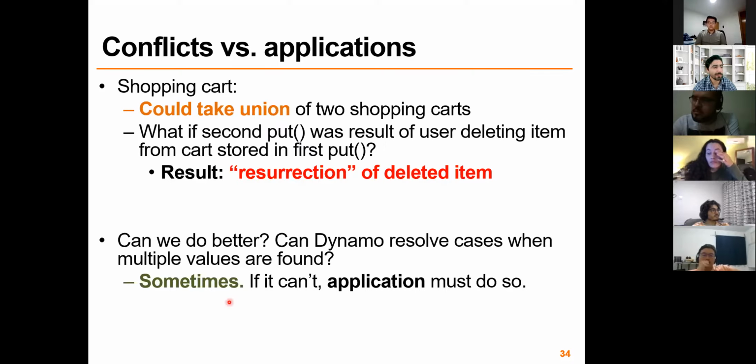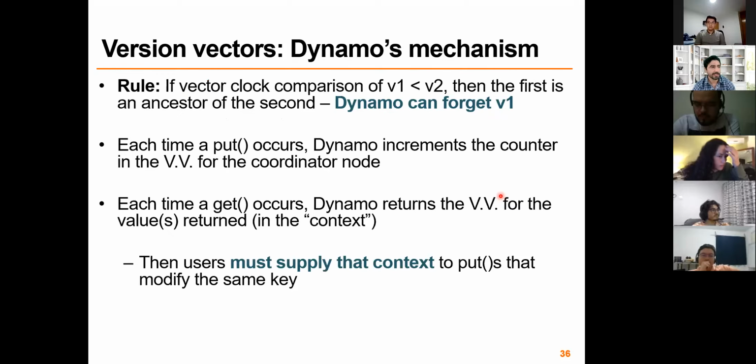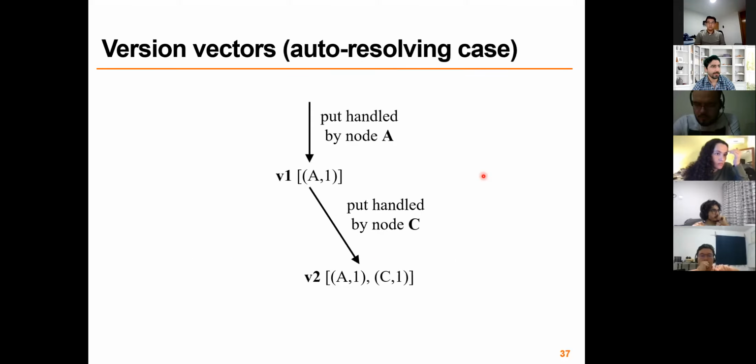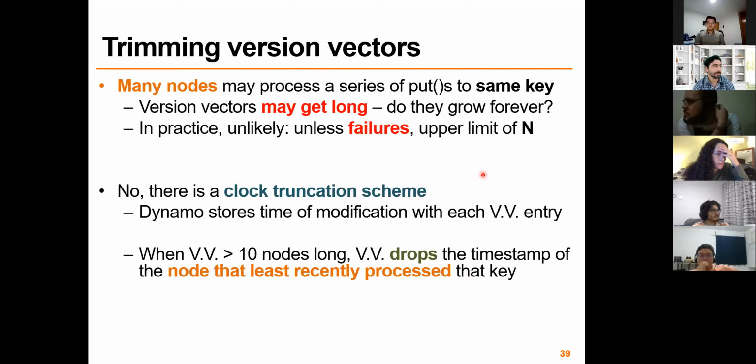Sometimes Dynamo itself cannot resolve the situation, so the conflict goes to the application level in order to do something about that particular conflict. They mention this, so I skip. Same thing.